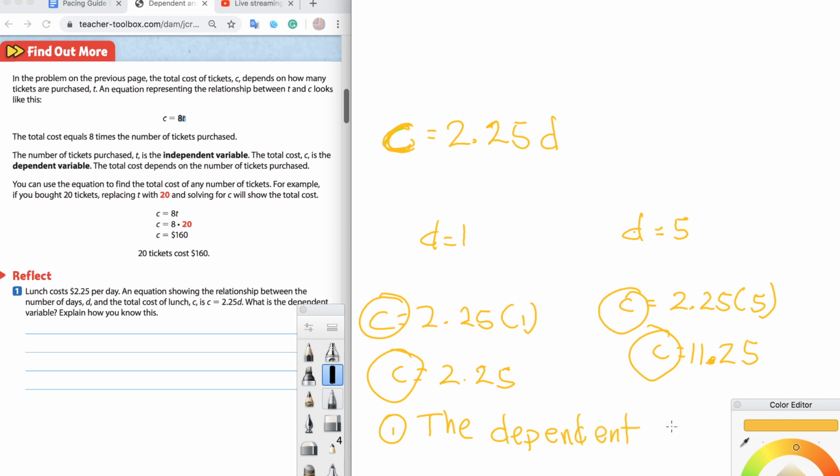Sorry, I always get this mixed up. The dependent variable is the cost. It depends on the number of tickets.